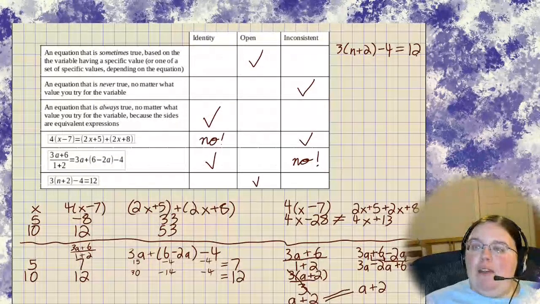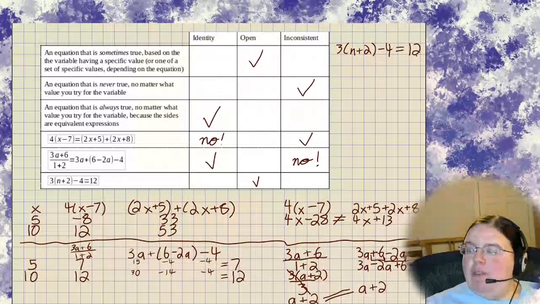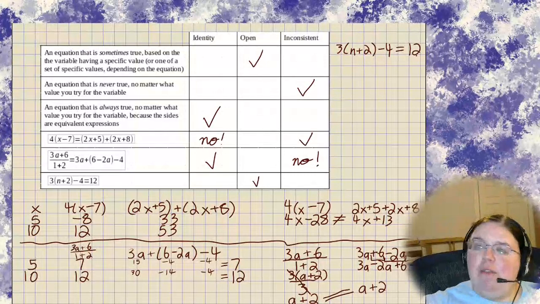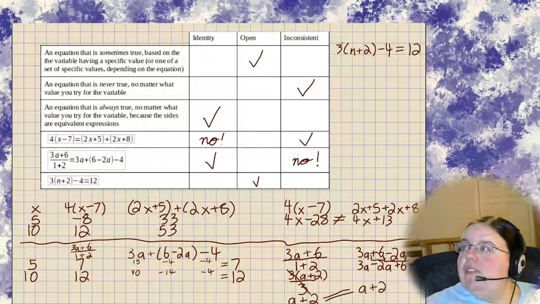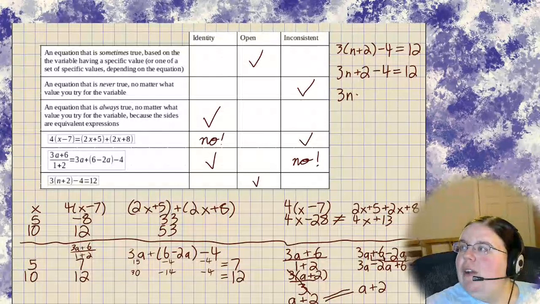One thing that often happens with open equations is they might only have the variable on one side, or if they don't, there would be a way you could get the variable on just one side. So if we start by distributing this 3, then we'd have 3n plus 2 minus 4 comes out to the same as 12. Well, then we could simplify this. So plus 2 and then minus 4 is overall minus 2.